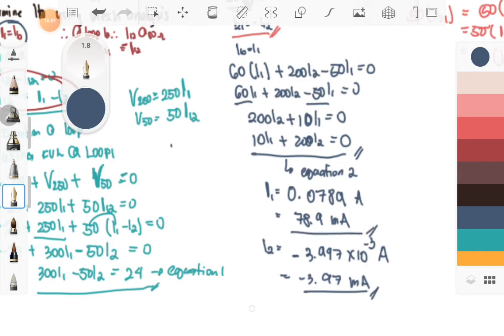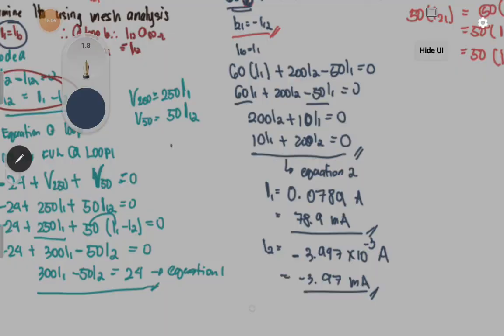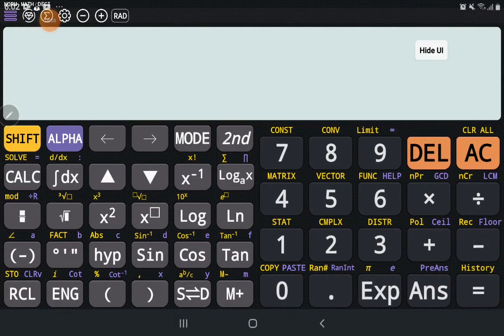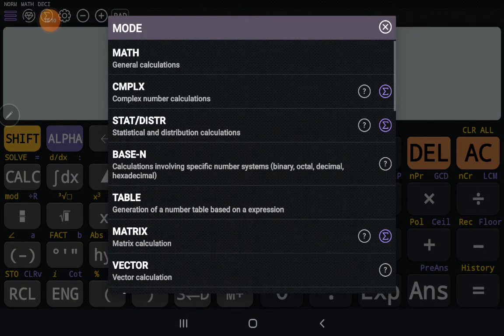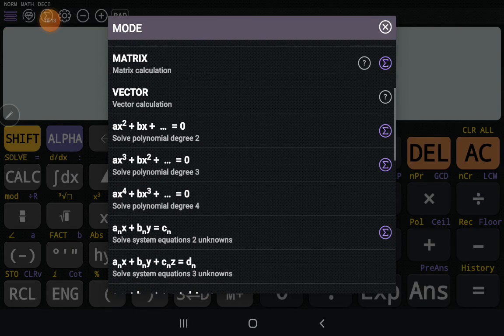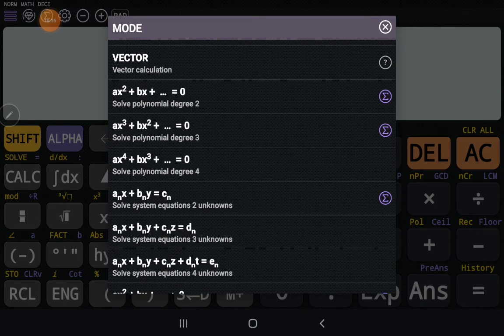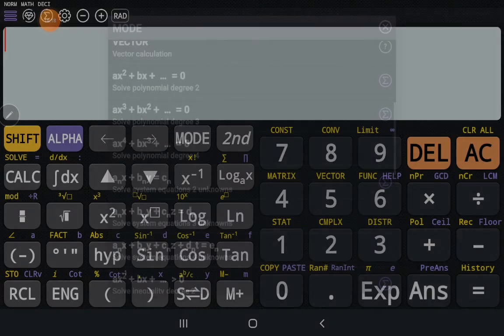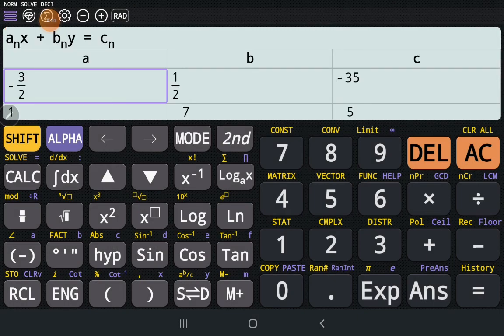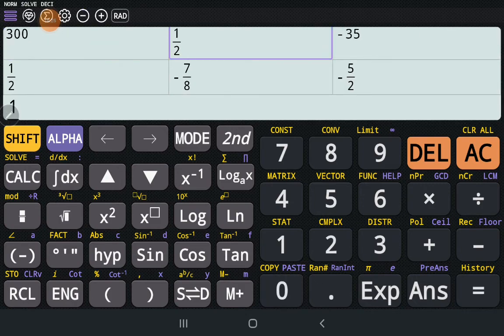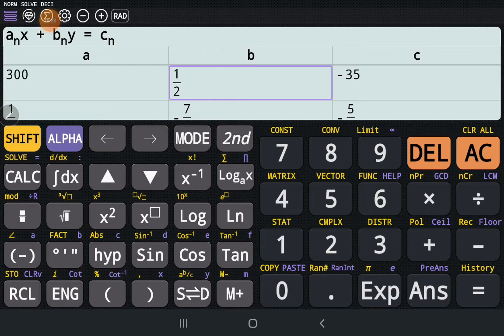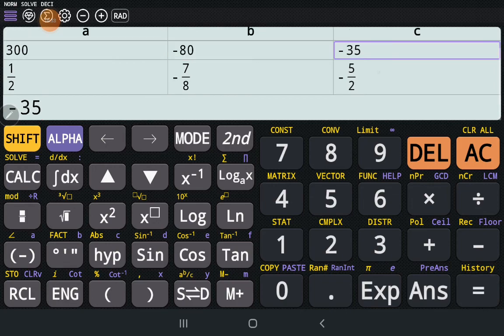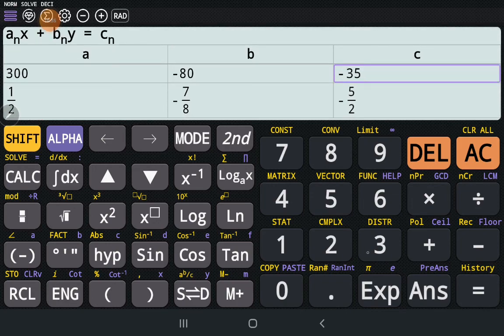Okay, so in order to be convinced with the answer, I will show you using our calculator. So we have mode. Iba ito, no? Kasi I suggest na pag may phones kayo ng Android, gamitin nyo na lang to. Simple lang naman siya. Ito yan. So we have 300 equals negative 50 equals 24.